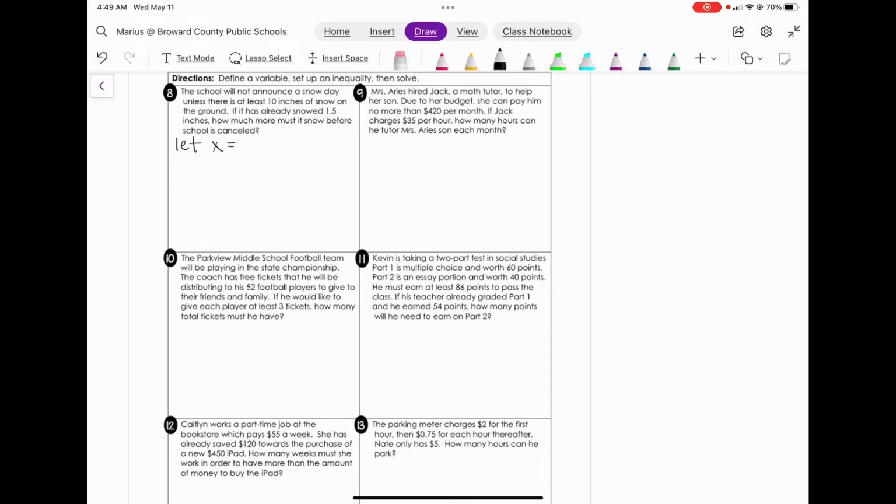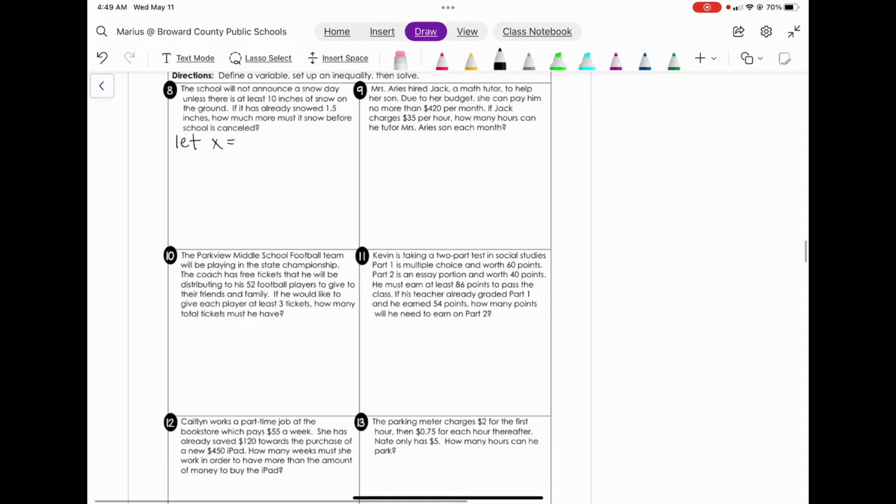What has to change, or what do we want to see grow, increase, or decrease? And for this problem, how much must it snow before school is canceled? So we're going to let x equal the amount of snow, because that's what we're looking to change, increase, or decrease.